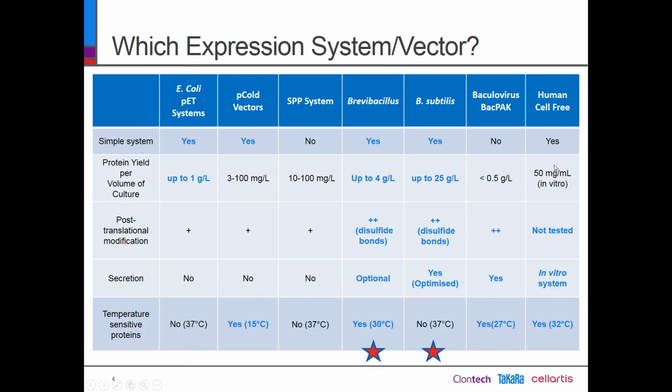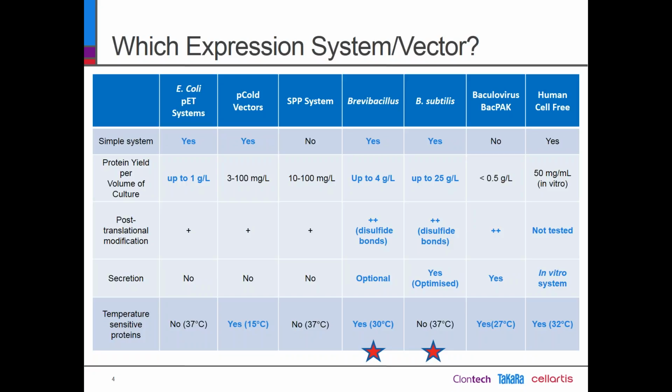And in the human cell-free system, we are not talking about liters because, as I said, this is an in vitro reaction, and this you do in a small volume. So even though the concentration is actually quite high, you see here, you can get 50 milligrams per milliliter, so this would be 50 grams per liter, but you will never work on a liter scale with such a system.